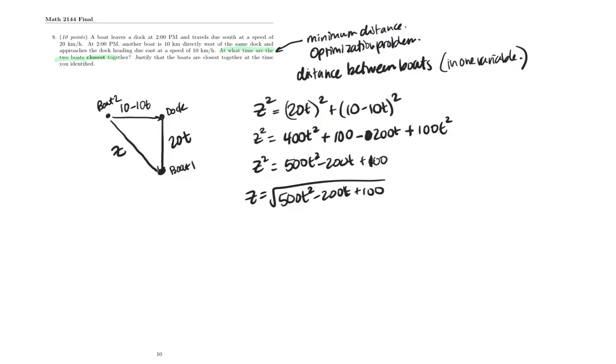Okay, and so now I have the distance between the boats written in terms of one variable. So now I'm going to take the derivative of that, set it equal to 0 to find a minimum. So z prime is going to be 1/2. Leave the inside alone.